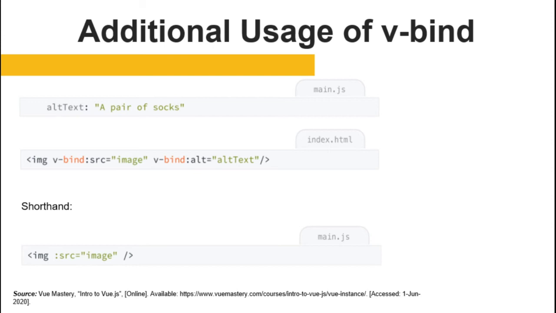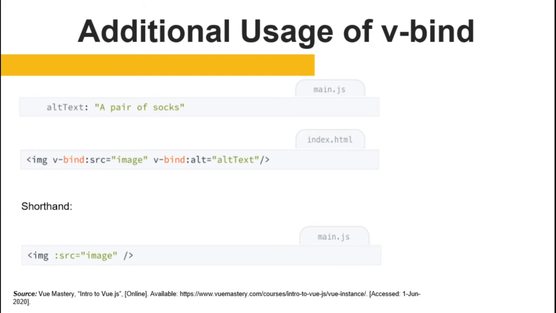Now whenever the image and alt text data changes, that updated data will remain linked to the src and alt attributes. So magdadagdag tayo ngayon ng alt text sa ating data model, and we will bind this alt text in the alt attribute of the image tag. Okay, so let us see how to do that.